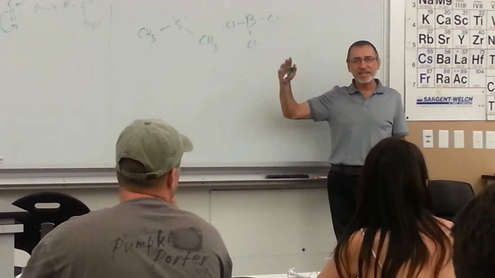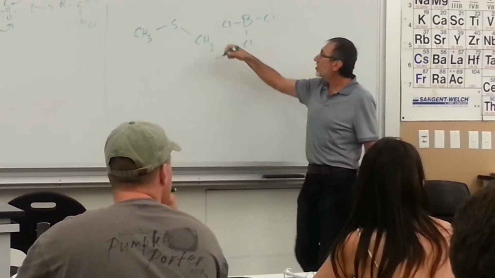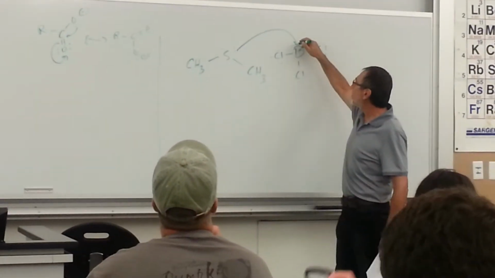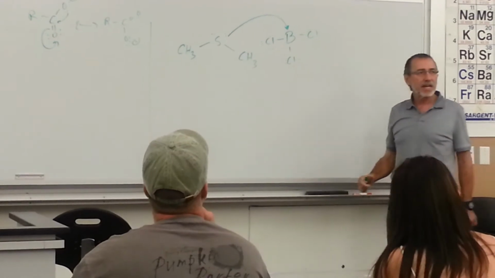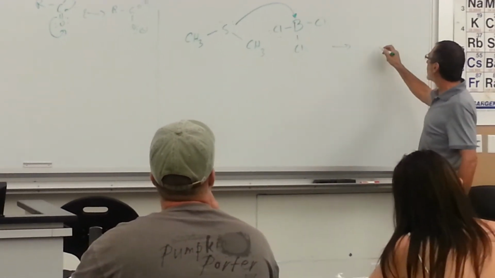Remember, you can make octets in that first row. There's a space available, so this pair of electrons can enter that space, and now the pair of electrons is literally shared. So now we have this.